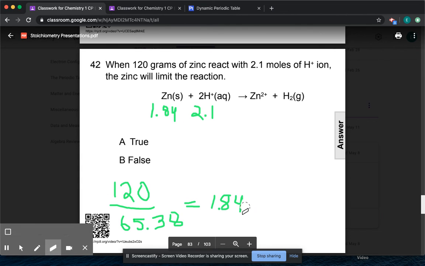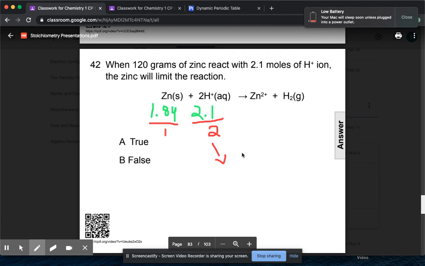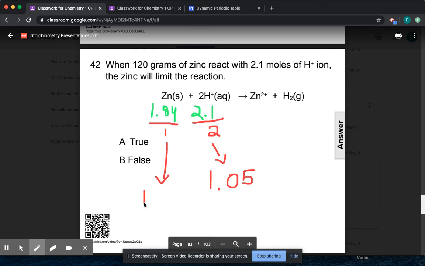And now to figure out the limiting, we have to divide them by the coefficient. So this is going to be divided by 1, and this is going to be divided by 2. So this is going to end up being 1.05. And this is going to be 1.84.